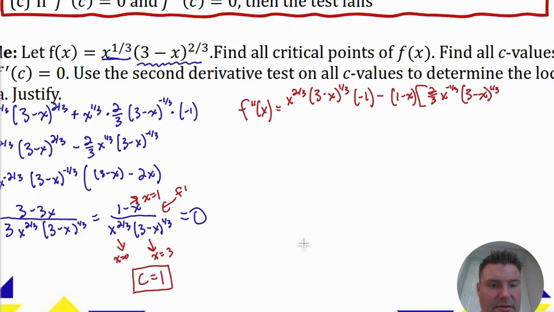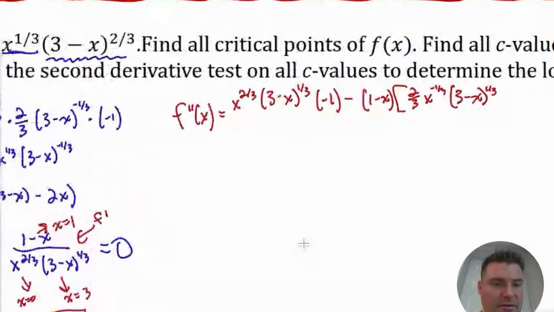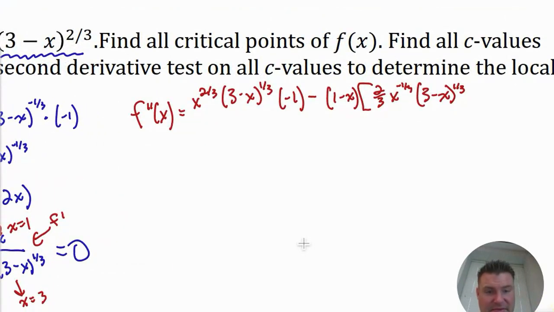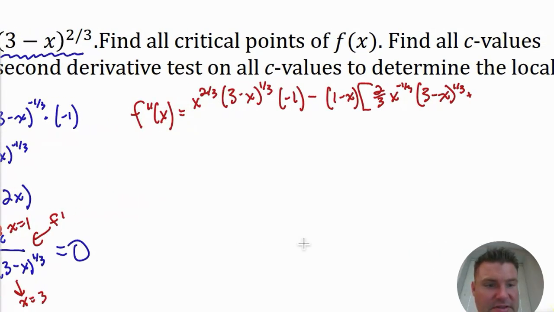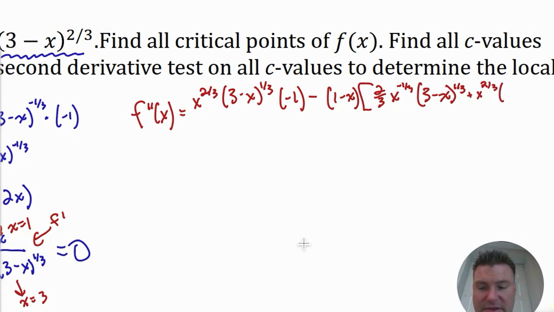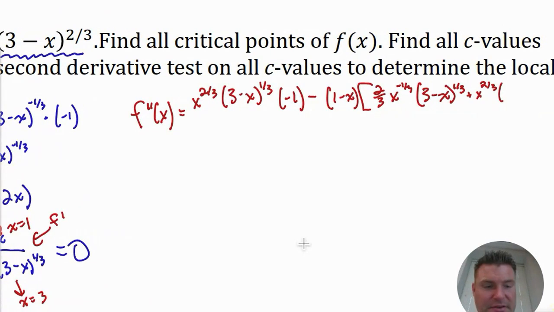And then, am I going to be able to fit this? Plus, I'm going to have to squeeze this on in here. That stays, that's x to the 2/3. And this is going to be, don't forget about that -1 that comes out as well. This is going to become 1/3. Actually, I'll make this look a little bit nicer.